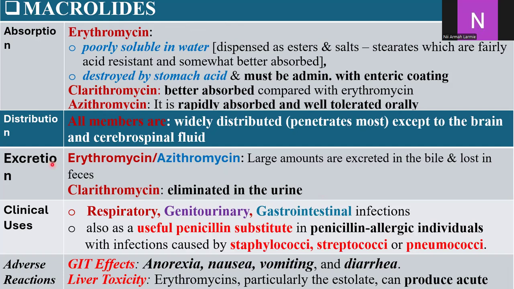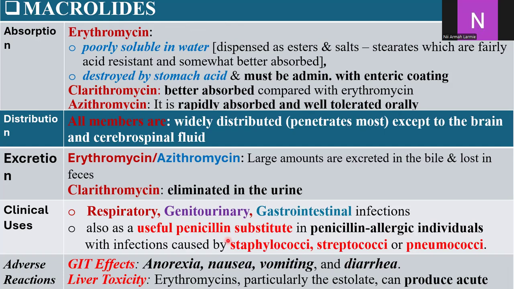We are using them for bacterial infections of the respiratory system, genitourinary system, and the gastrointestinal system. Now, again, we want to emphasize that it is mostly for gram-positive organisms. They are being used as a very good substitute for patients that are allergic to penicillins and other beta-lactam antibiotics.